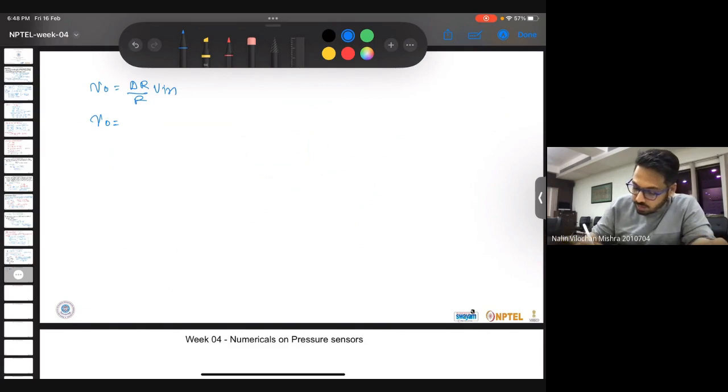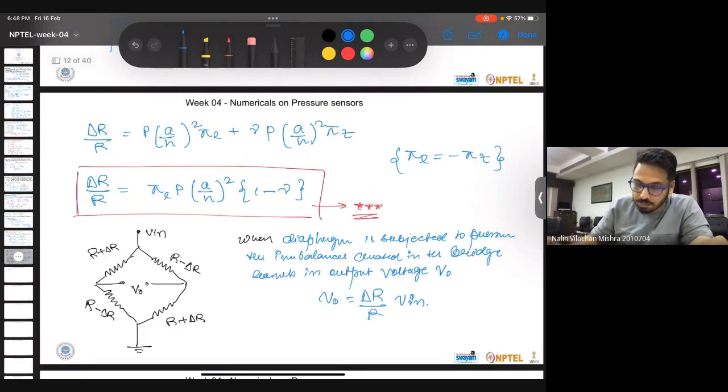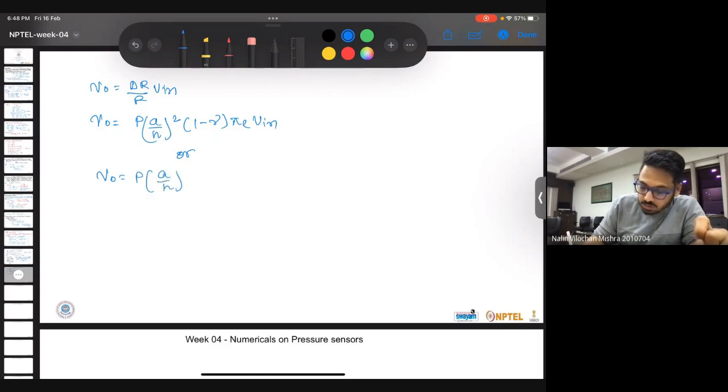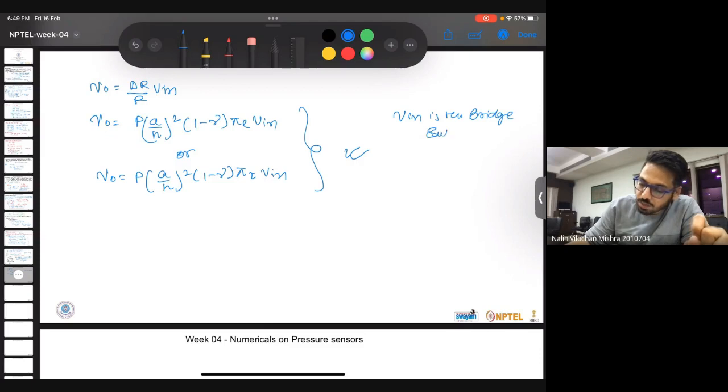If we put the value of change in R by R in this equation, we'll have P A by H whole square, 1 minus mu, pi L, V in, or pi A by H whole square, 1 minus mu, pi T, V in, where V in is the bridge supply voltage.